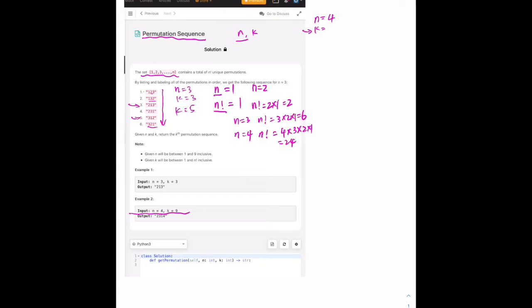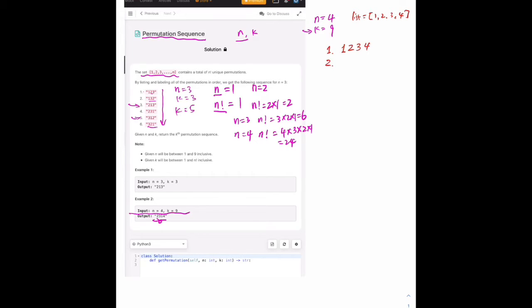If n is 4, k is 9, how do we get the 2, 3, 1, 4 here? Let's first list out all of the permutations and see if you can find something interesting. So if n is 4, the list will be 1, 2, 3, 4. So the smallest permutation will be 1, 2, 3, 4.